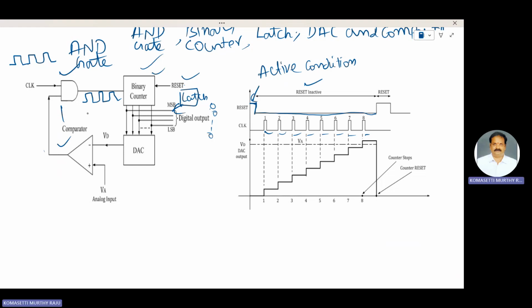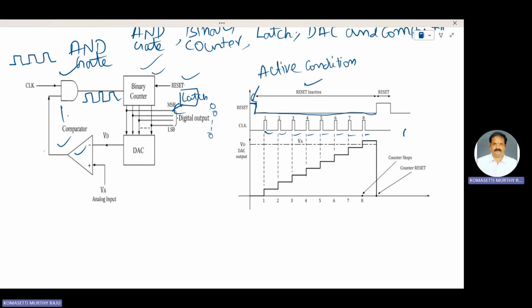These clock pulses go through the AND gate, which is enabled by the comparator, whose output is high.